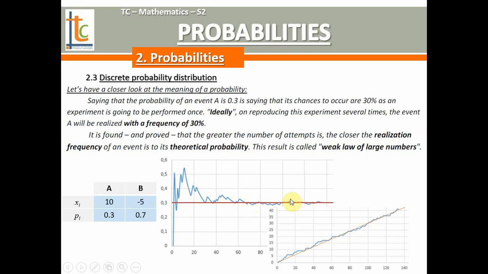That is a graph built with the first one, taking the same values but dividing each one of them by its number of trials. You can see that, indeed, whether you realize your experiments 60 times or 80 or 100 or 120, the realization frequency tends to the theoretical probability of 30%.